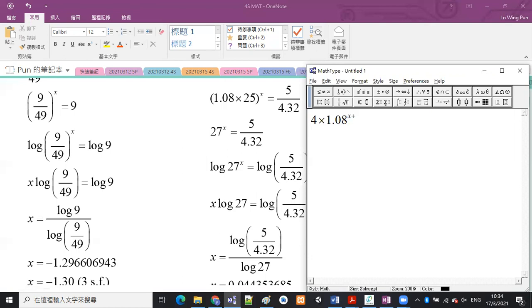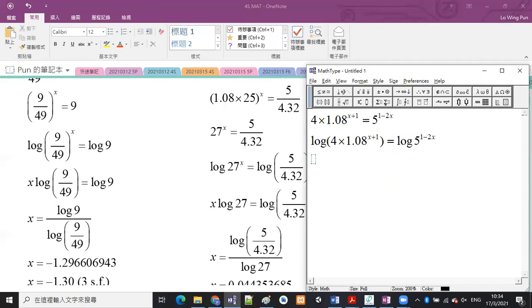So this is the question. And then 5 to the power 1 minus 2x. And if you use the approach from the book, the book will take log on the very first step. Okay, so log left-hand side 4 times 1.08 to the power x plus 1 is equal to log 5 to the power 1 minus 2x.